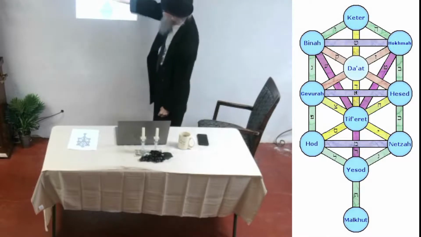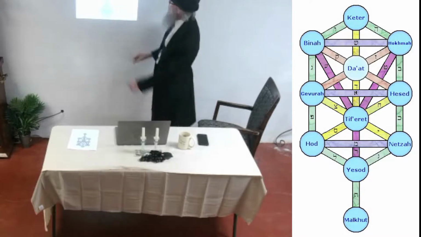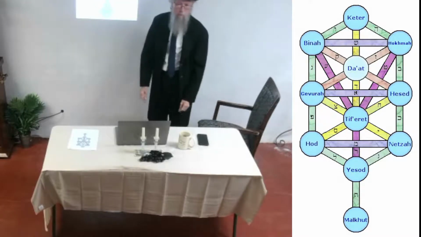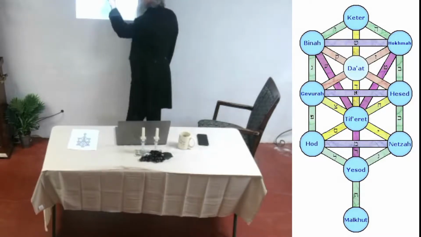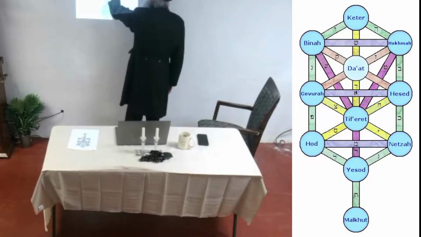So in order to get to the top, we must go through every one of these. It's like playing checkers. You're going to go from here to here to here, and then you can come back down.